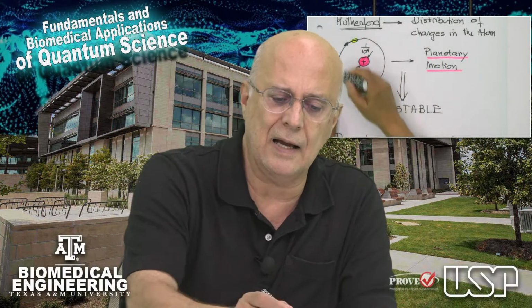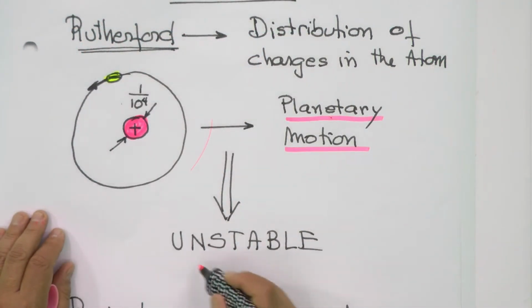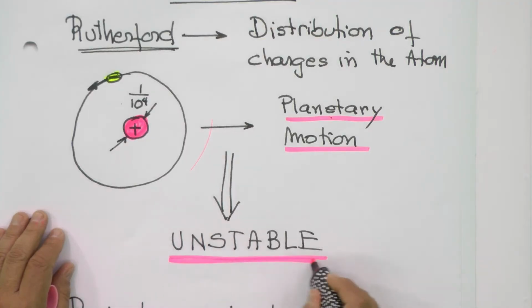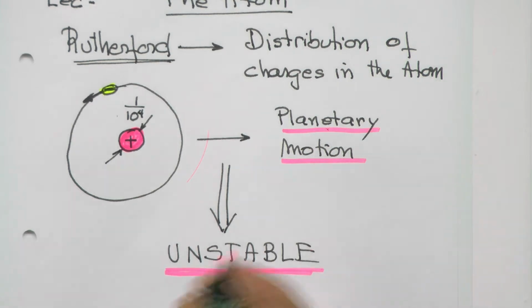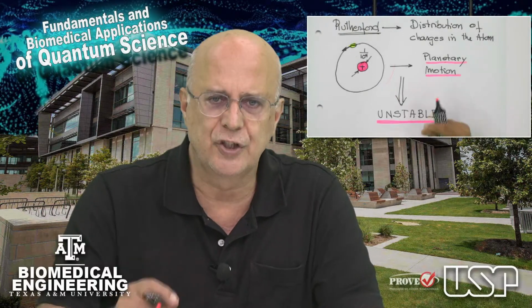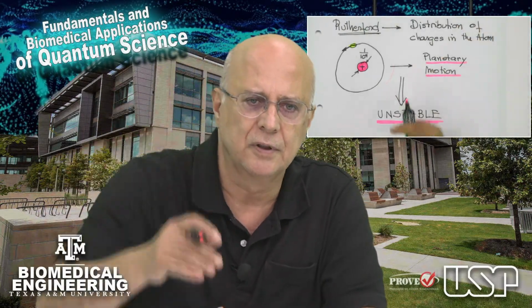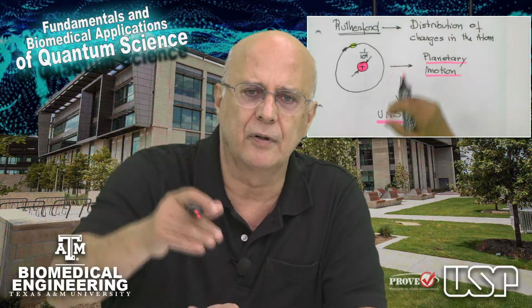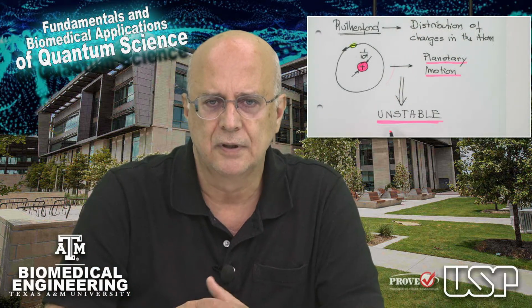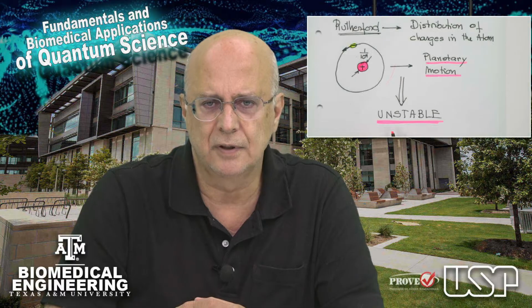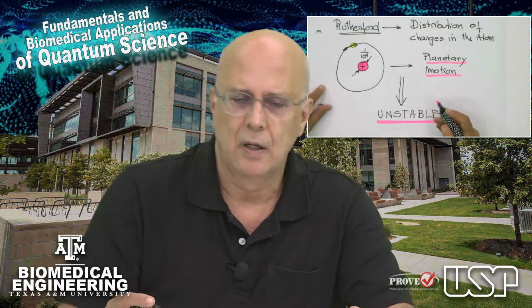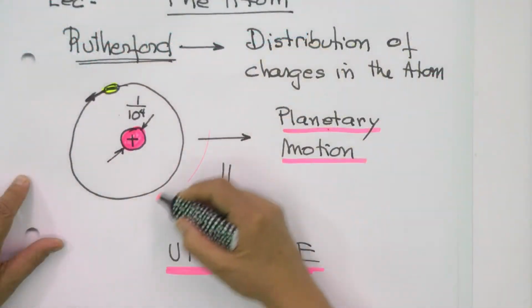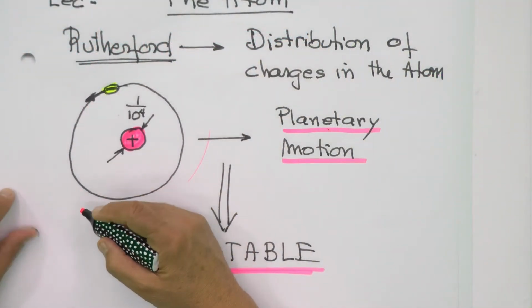But you know, an electron going around like this is unstable. Why is it unstable? Because a charge that oscillates generates an oscillatory field. And an oscillatory electric and magnetic field is a radiation. And radiation has energy in it. So if I just have this atom as a classical motion, it does not sustain.